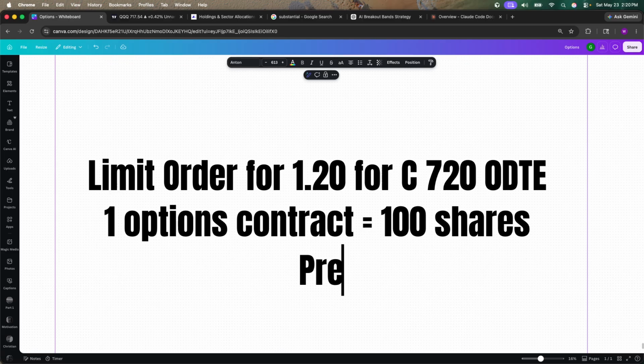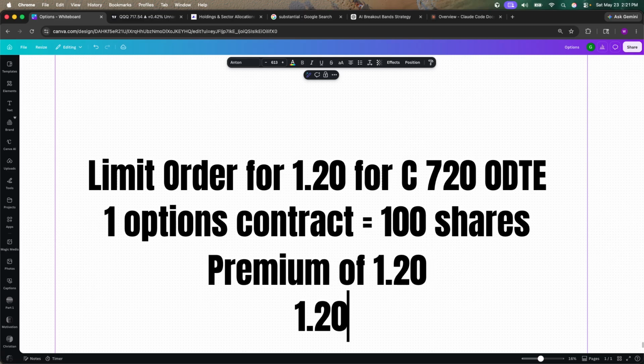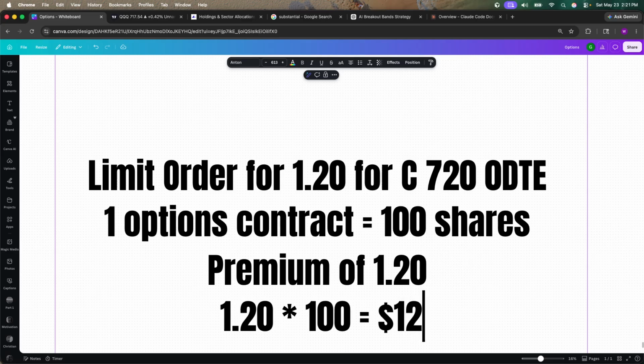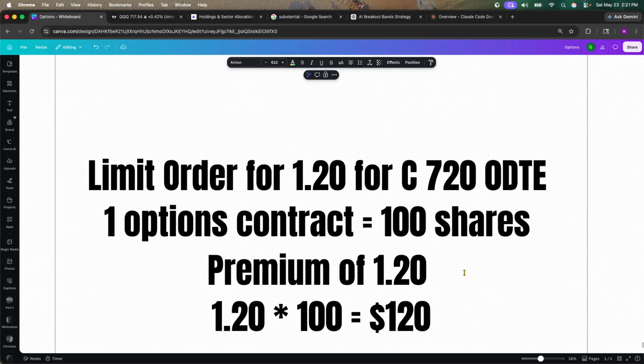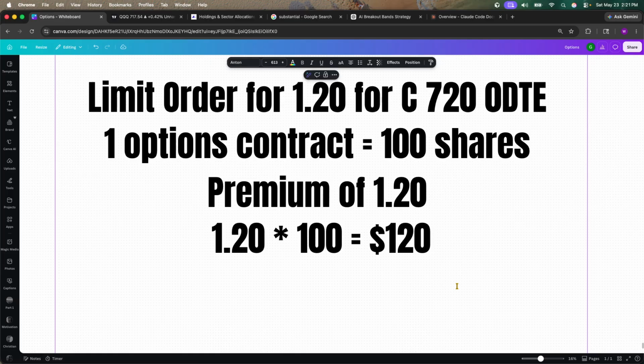So with a premium of 1.20, we do 1.20 times 100, and that equals $120. This is what we're going to pay for this option contract, and it lets us control 100 shares. I'll explain that later. We submit our order, but we actually get filled at 1.18.